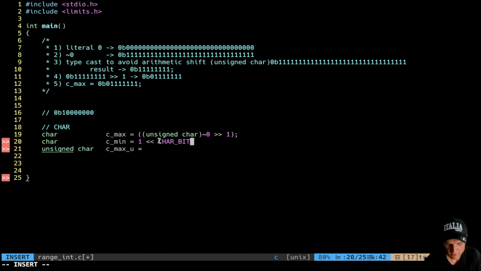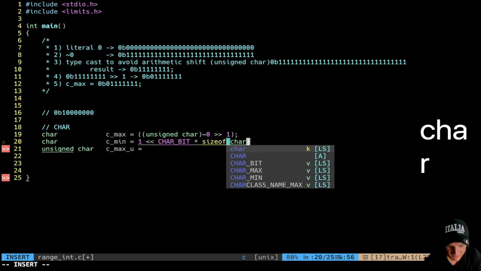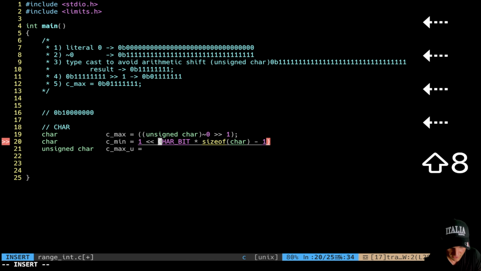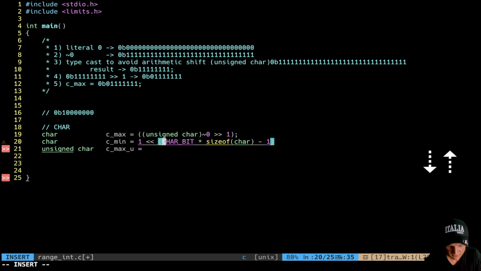Basically here I have the number of bits inside 1 byte, 1 char, per size of char, okay? If you want to be extremely pedantic, minus 1. So this big expression is going to resolve in 7. We can write 7 directly, but this is the correct way to do it if you want. CHAR_BIT is 8, minus 1. So I'm going to shift this one 7 positions.